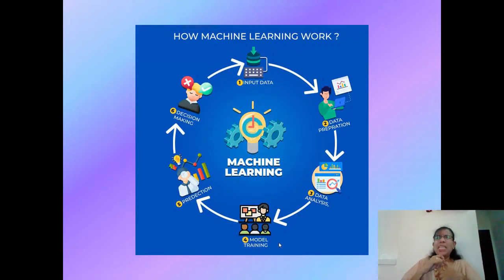We will select any one algorithm or a combination of algorithms. Usually we go for a combination of algorithms, because each algorithm is suitable for some particular problem. Using these algorithms, we will train the machine and create the model.